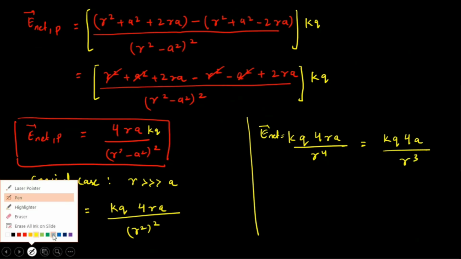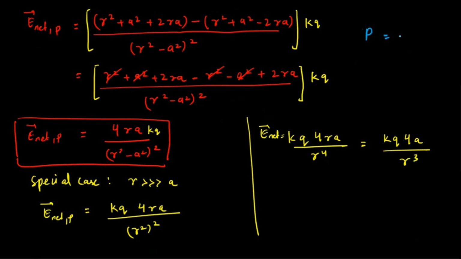Now, we already studied that dipole moment is nothing but Q times 2A. So if we replace Q times 2A by P, we can write KQ, and this 2 will remain, Q will not come here. It is going to be 2KP over R cube.